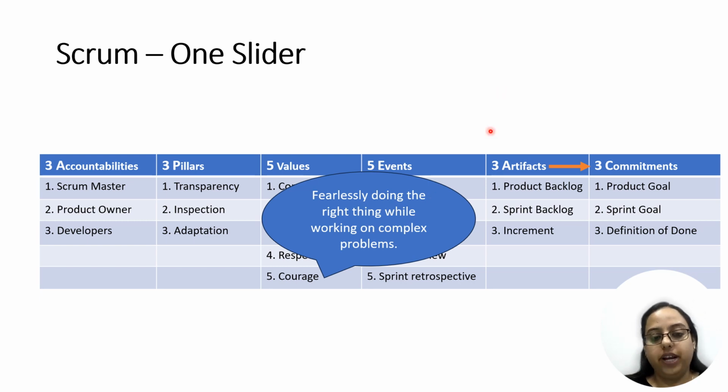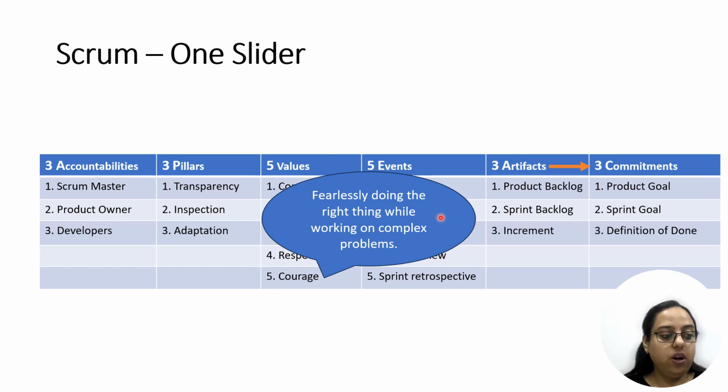Then courage, right? Fearlessly doing the right thing while working on the complex problems. That is courage. For example, whatever is the most complex piece of work in the sprint, you try to work on that first, right from the beginning of the sprint, rather than trying to delay it towards the end.